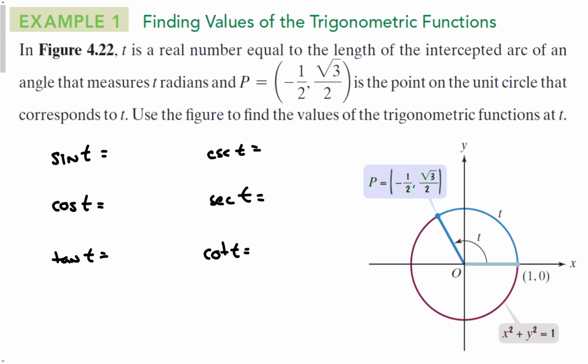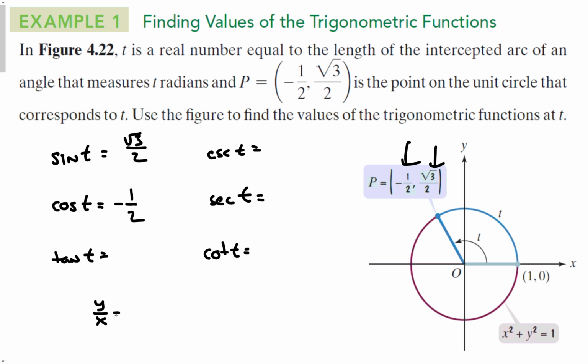Okay, so the most important ones, sine and cosine. Remember, sine is the y coordinate, cosine is the x coordinate. So we just look at the two coordinates. So the sine of this would be negative radical 3 over 2, the y coordinate. The cosine would be negative 1/2. Now the tangent is going to be y over x.